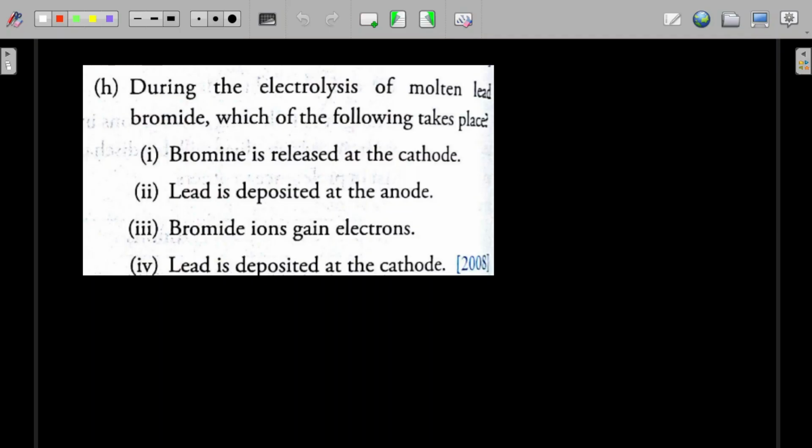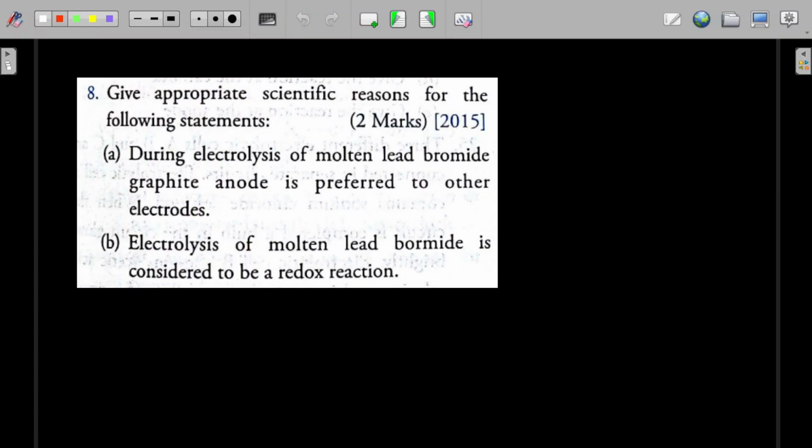Okay, next one, Dhanish. Option number 4. Give appropriate scientific reasons for the following statements. During electrolysis of molten lead bromide, the graphite anode is preferred to other electrodes. Chanvi, can you tell me the reason? First, because the electrodes are inert, they shouldn't take part in the reaction, and because graphite is not affected by the reactive bromine vapors. Right.